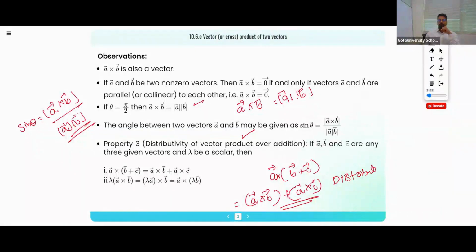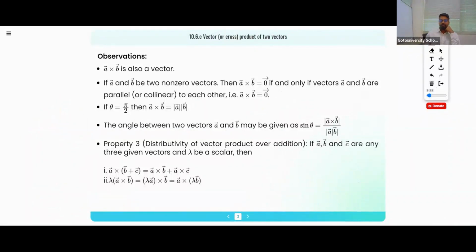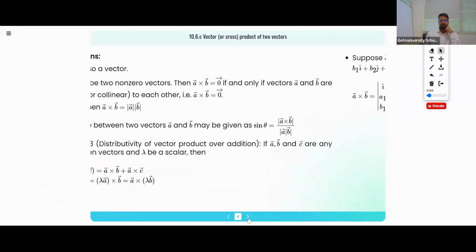Distributive law. Just like you multiply A into B plus C in real numbers, we can multiply AB plus AC. That's called distributivity. In the same way, if you have a lambda, that is a scalar, that is also distributed just like this. Okay, so let me clear this and let's go to the examples.